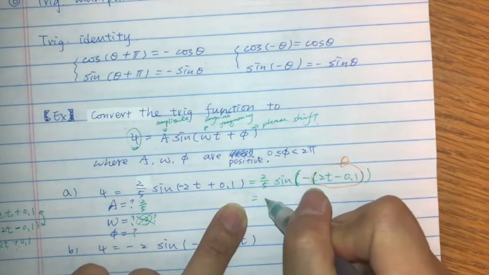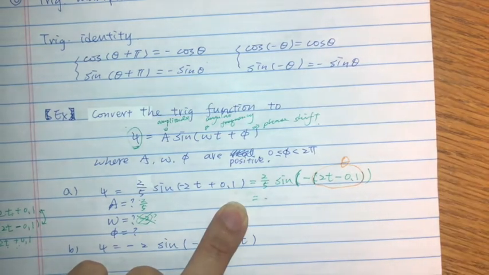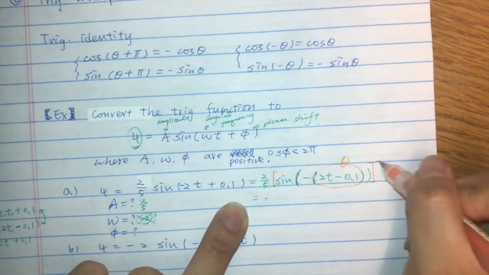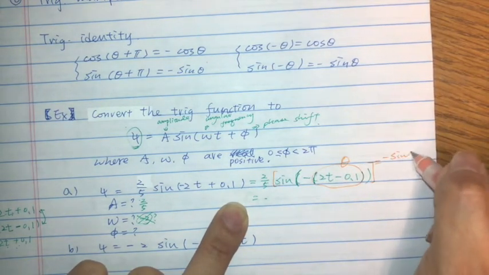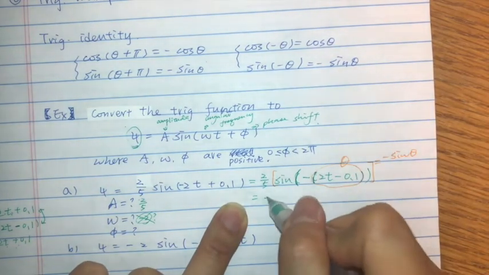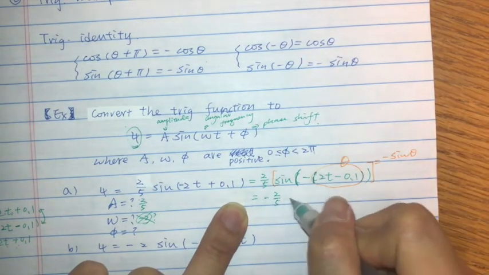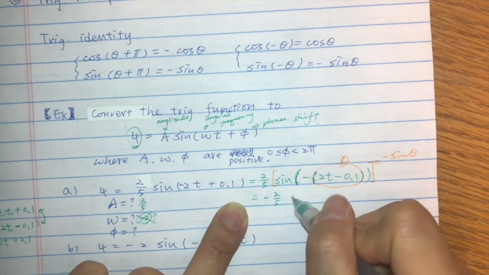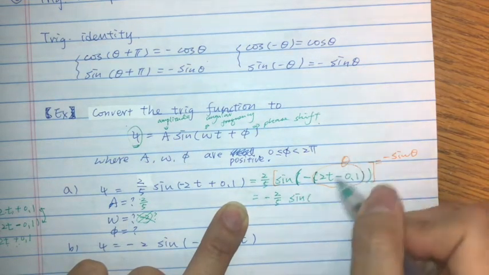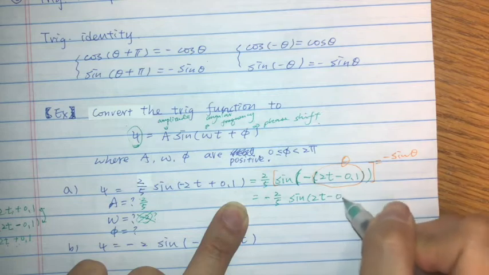So this whole thing will become negative sine theta. So that will tell me that this guy will become negative 2/5 sine theta, where theta is now 2t minus 0.1.